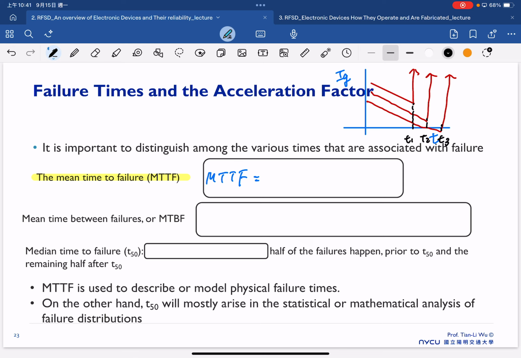So the mean time to failure is defined as T1 plus T2 until Tn, over n.